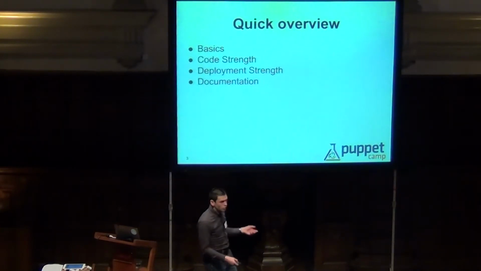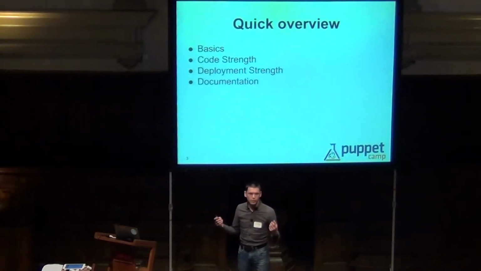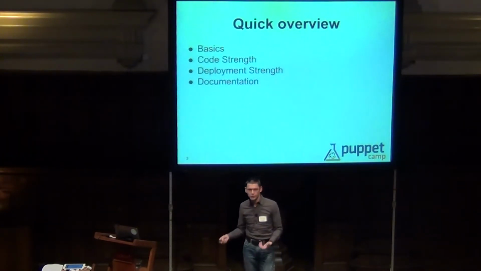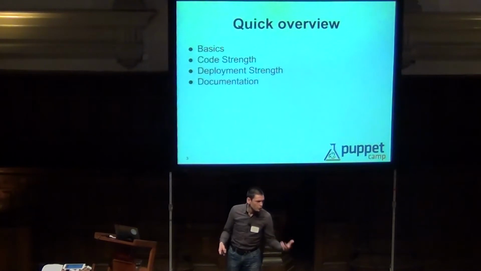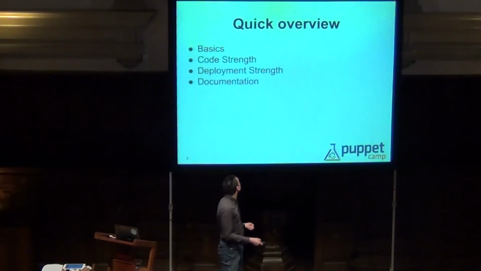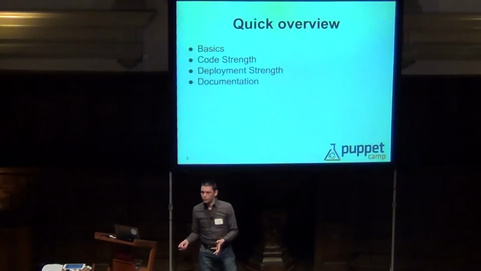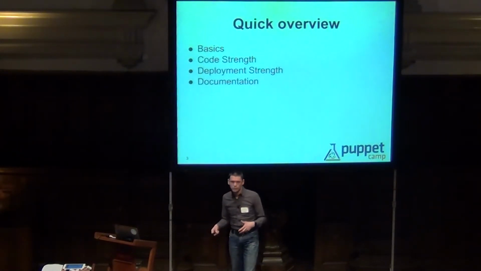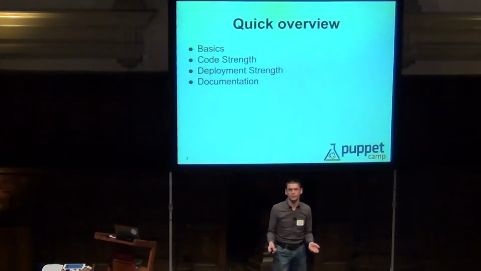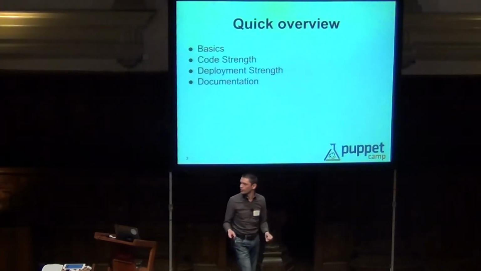Then I'll be chatting about code strength, which will be mainly about how you can make sure that your code doesn't break when you're working with it, how you can make changes without it affecting your current situation. Then we'll talk a bit about deployment, because when you're thinking about writing code, it has zero effect until it's running in production, because that's the end goal for it.